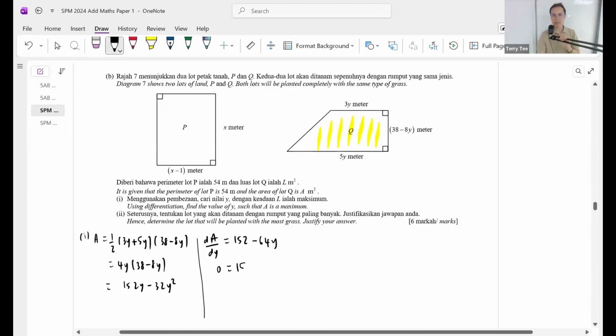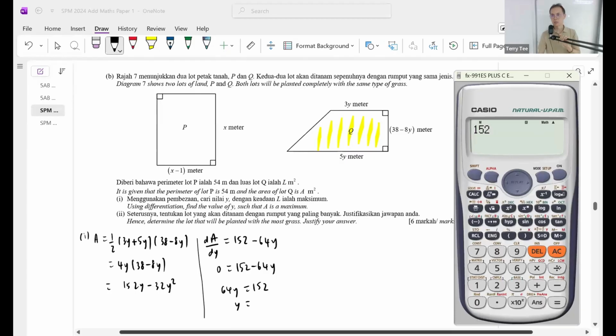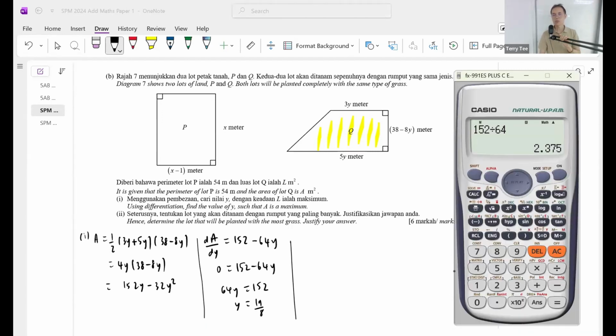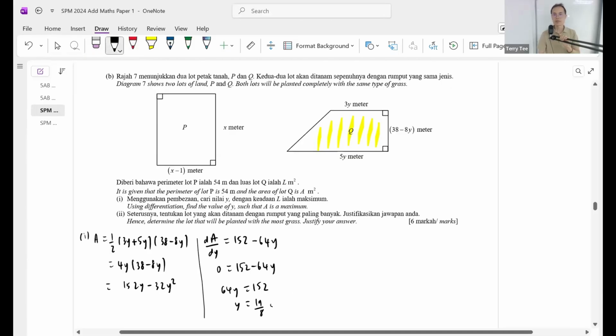So let us equate it to 0. 64y is 152. Divide 152 by 64, the answer is 19 over 8. You can leave it as a fraction, or change to decimal, which is 2.375. That's the value of y.